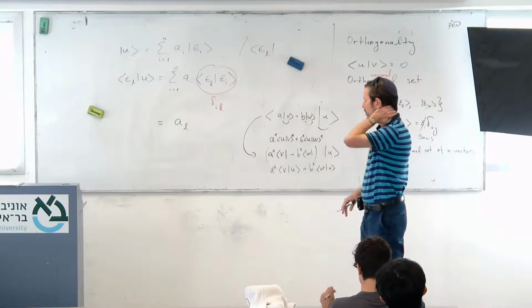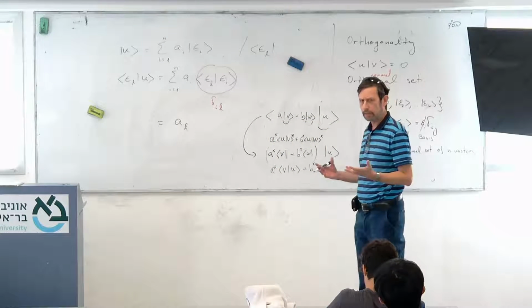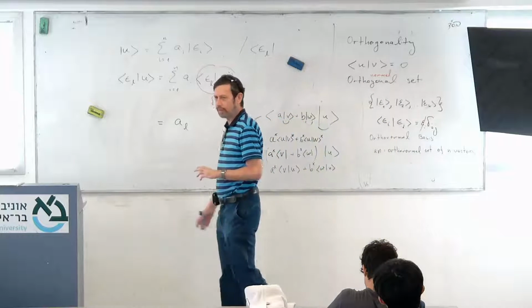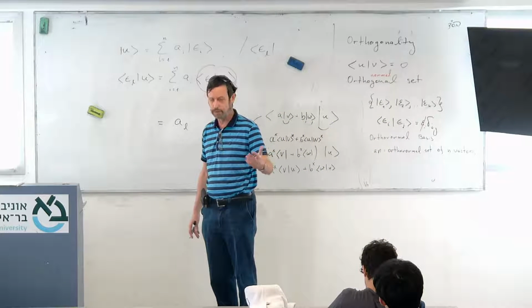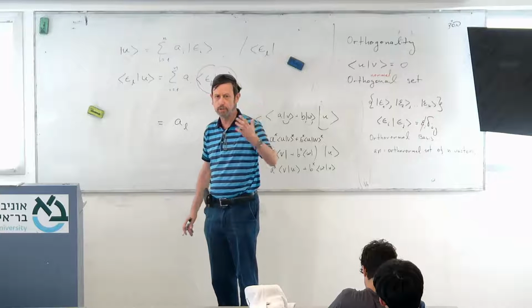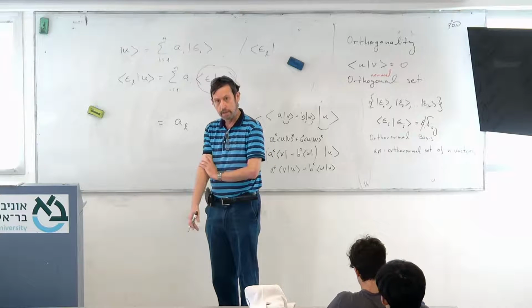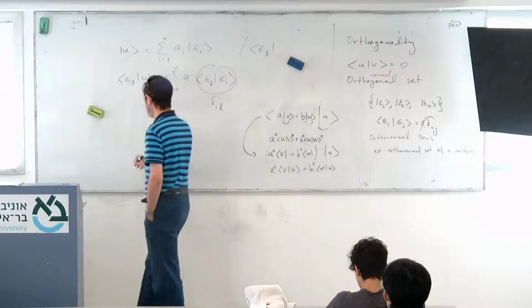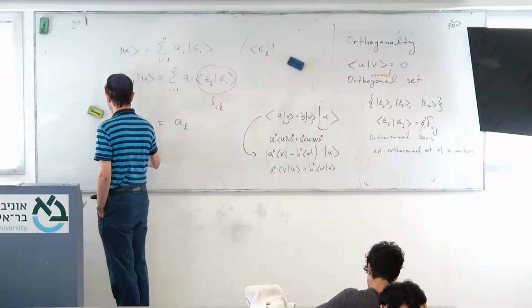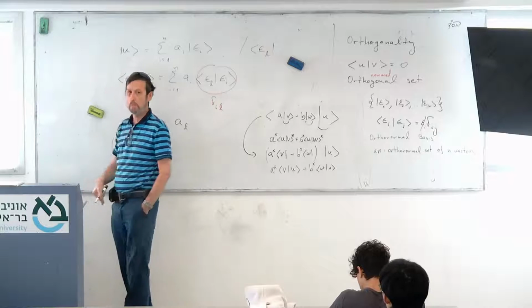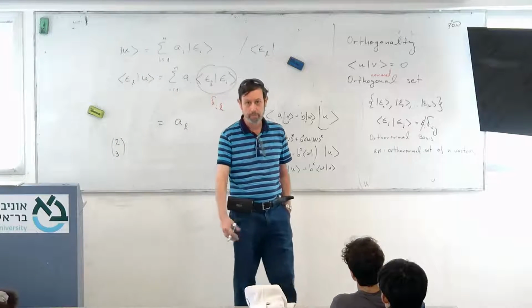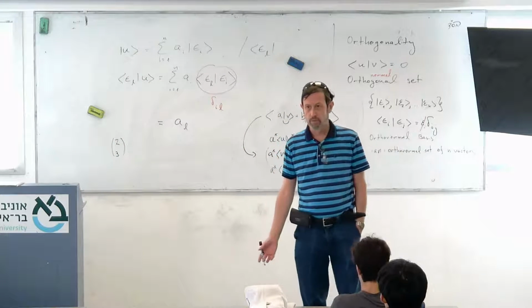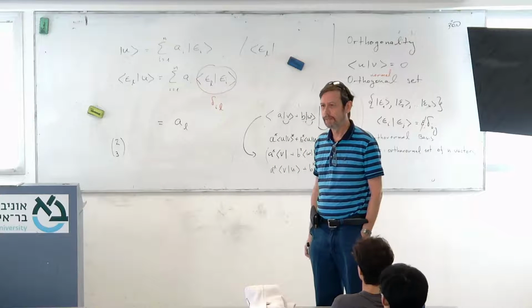So let's stop a minute and look at a dimension 2 space. If I'm writing the vector 2, 3, what does that really mean?